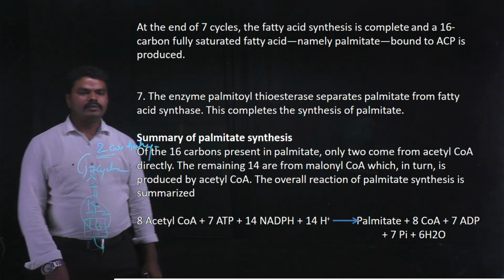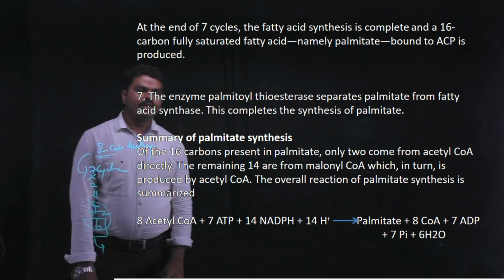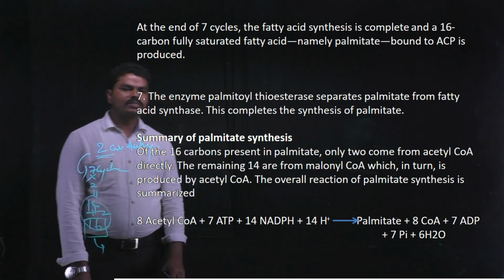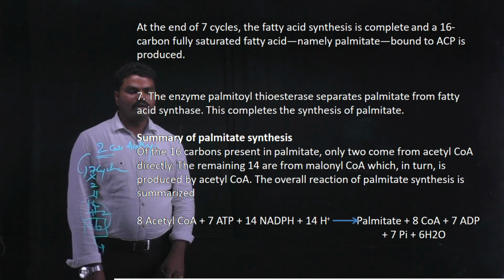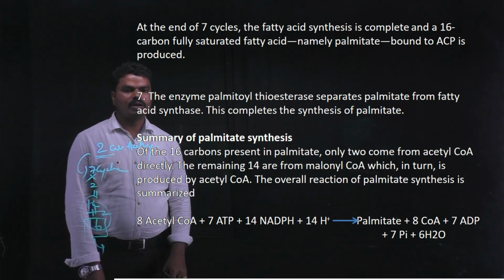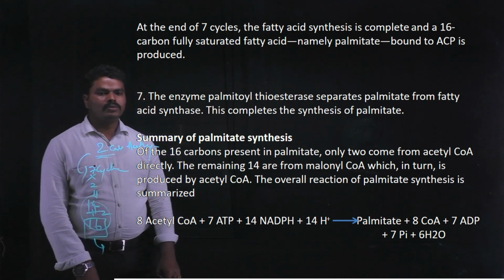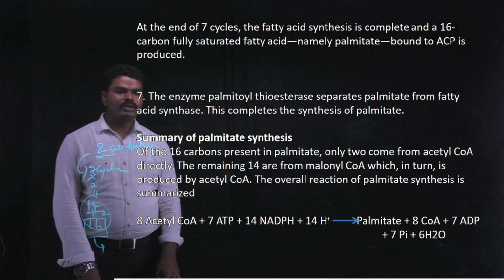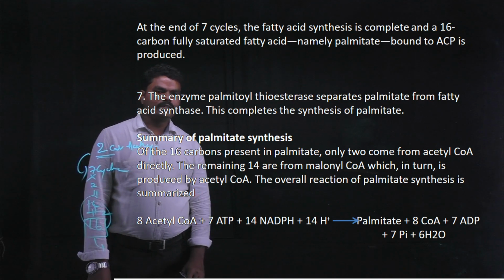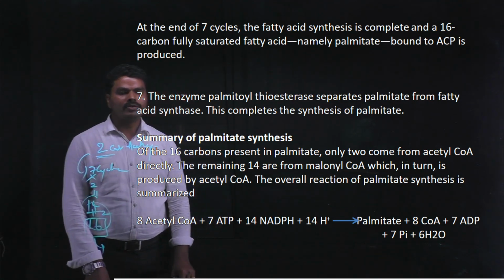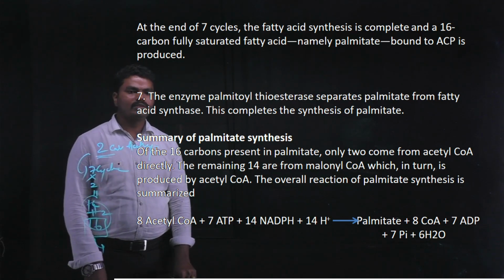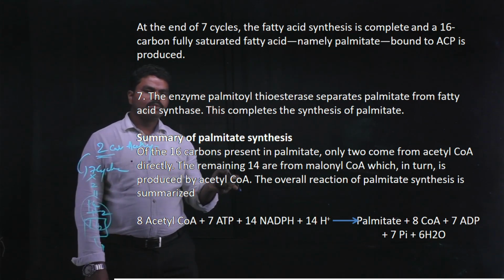Okay, and we know that ATP is utilized in the second stage of this palmitate synthesis. For the carbon dioxide fixation, 1 ATP is required, and in the third stage, at the 4th reaction and 6th reaction, NADPHs are utilized for the reduction process, and 7 cycles are required.